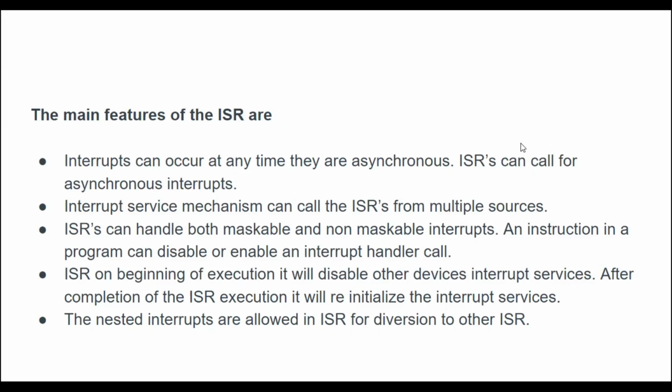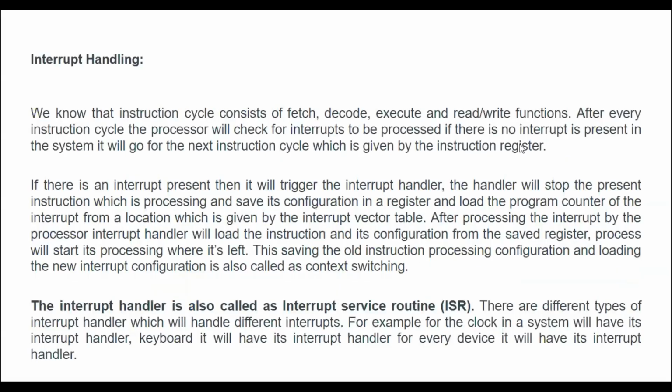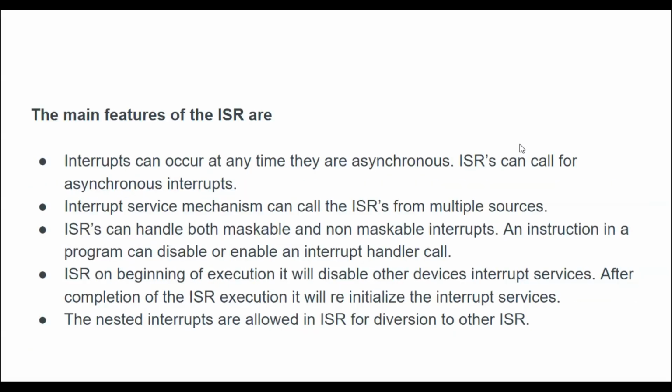At the beginning of execution, the ISR will disable other devices' interrupt services. After completion of the ISR execution, it will reinitialize the interrupt services. Nested interrupts are allowed in the ISR for diversion to another ISR. Those are some of the main features of the interrupt service routine.